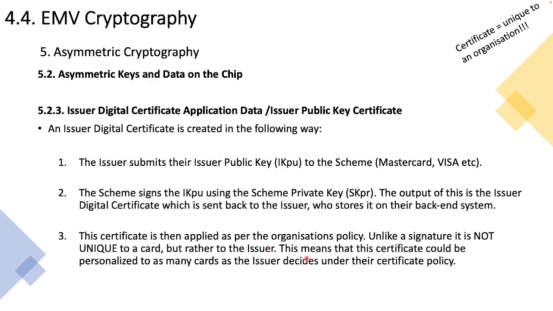Based on the certificate policy of the organization, they would then write these certificates to the card. The important thing to note is that unlike the digital signature we spoke about, which is unique to each card, when we write certificates to cards, you could have multiple cards with the same certificate written to them. Remember, certificates are unique to the organization, the issuer, not to the card.